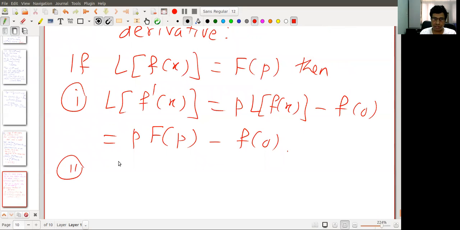We can generalize this to second order derivative, L of f double dash of x. Of course we need to assume that the second derivative exists.